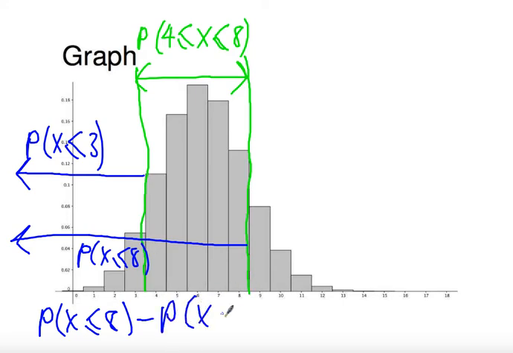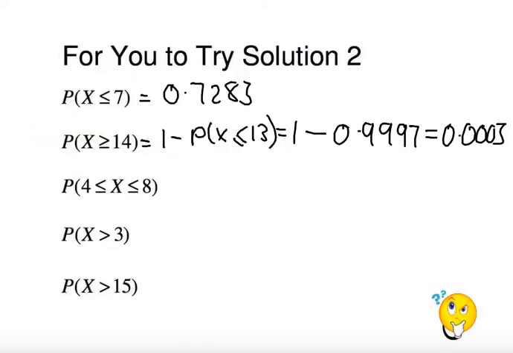So in order to find probability x lies between 4 and 8, I'd have to do probability x less than or equal to 8 minus the probability x less than or equal to 3. So let's note this down in my method: probability x less than or equal to 8 minus probability x less than or equal to 3.